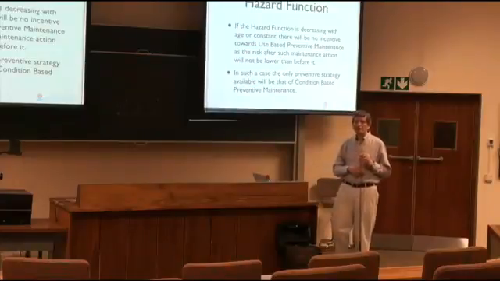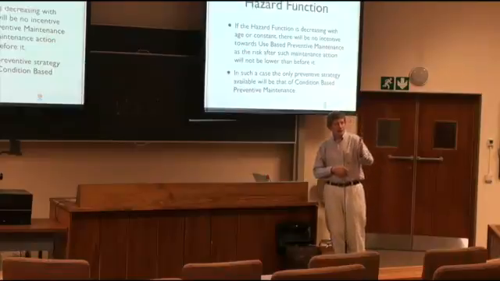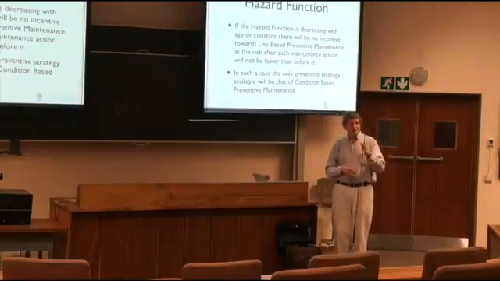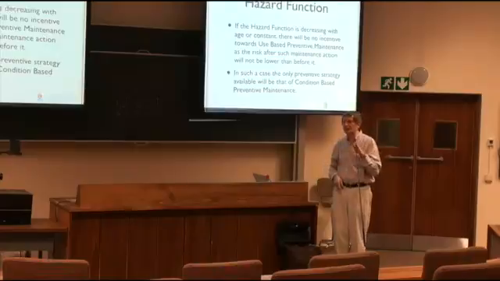In other words, if the risk at 200 is lower than the risk at 100, why will I replace that component with a new one at 100? Because a new one's risk will even be higher, because it's busy decreasing the risk.